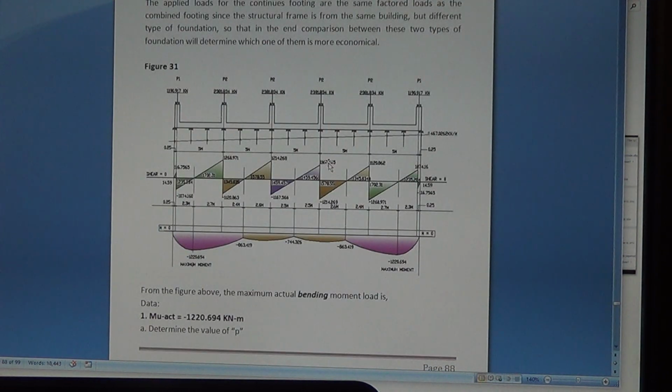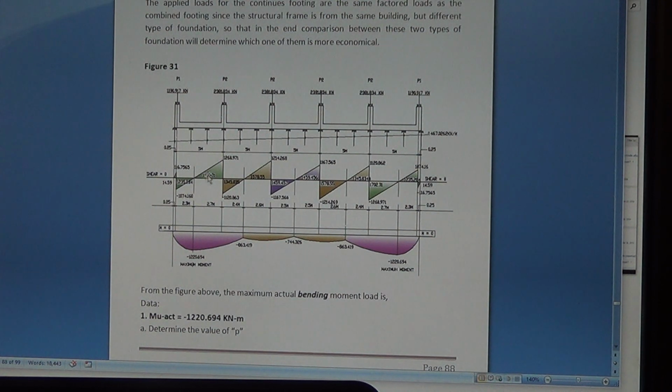And this is the continuous footing that I designed also. This is the shear moment diagram, how it's gonna look like. The calculation of this also is lengthy. I include the calculation of all these shears and moment in the very last portion of the book.